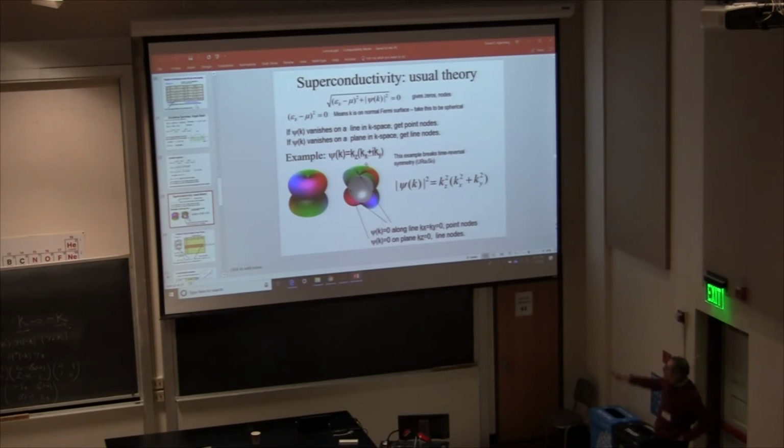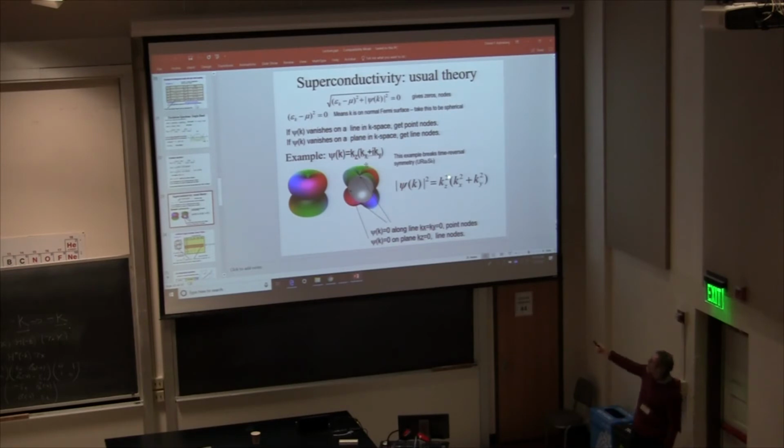In the theory I need the magnitude of this squared, which gives kz squared times (kx squared plus ky squared). We can now look for zeros. We get a 0 when kx equals ky equals 0. That defines the kz axis, which goes through the sphere at 2 points, and so we get a point node here and a point node here.